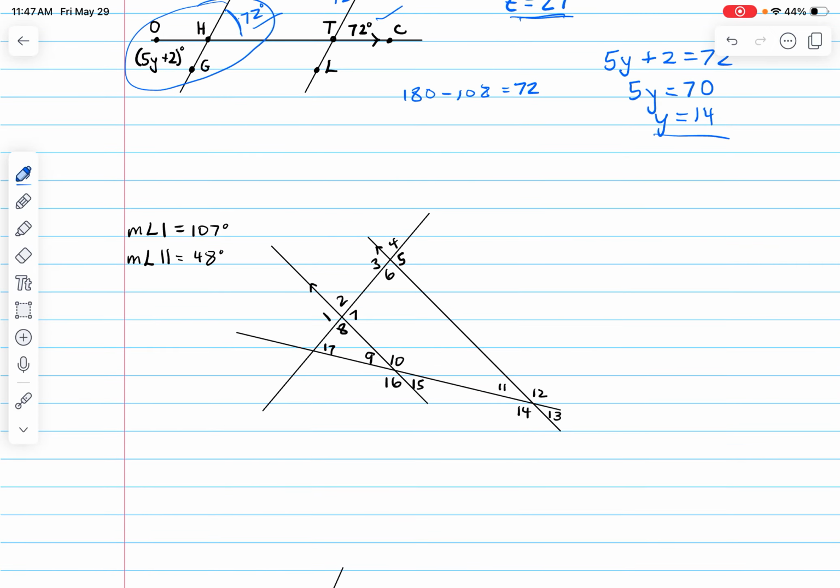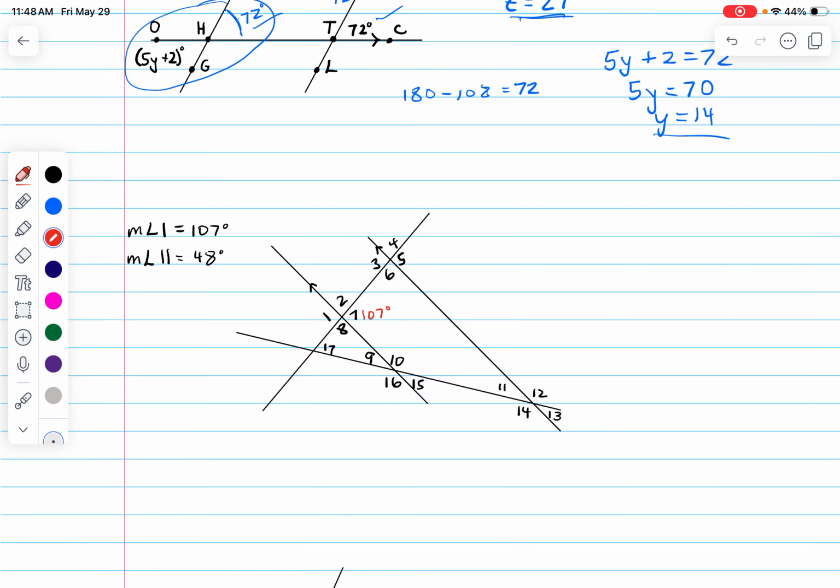So we've got angle 1 is equal to 107, and angle 11 is equal to 48. I'm going to just mark in red what I immediately know. If angle 1 is 107, then angle 7 is 107, because those are vertical.